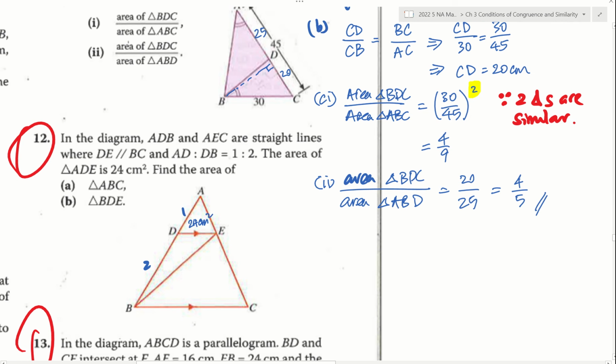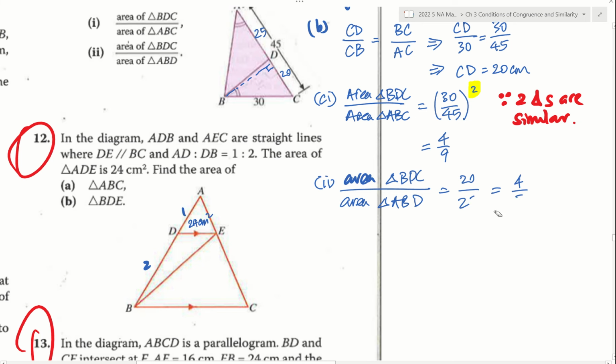Any questions? Anybody needs time to copy before I erase? Because I need space. If you need time, raise your hand. So part 2, no need to square because we are talking about triangles having the same height. Not similar, so no need to square.